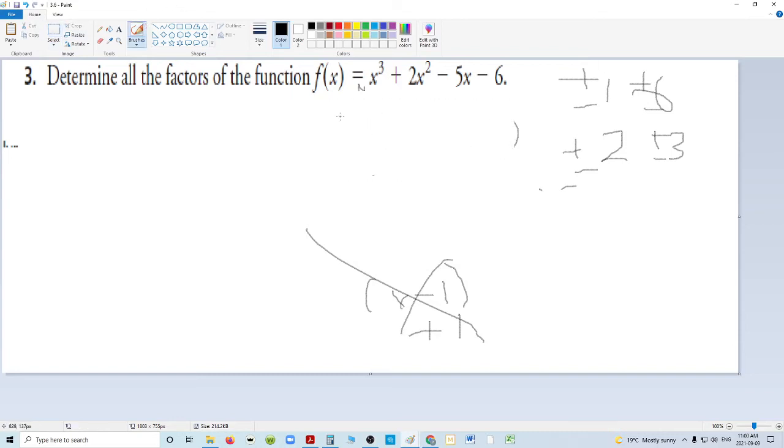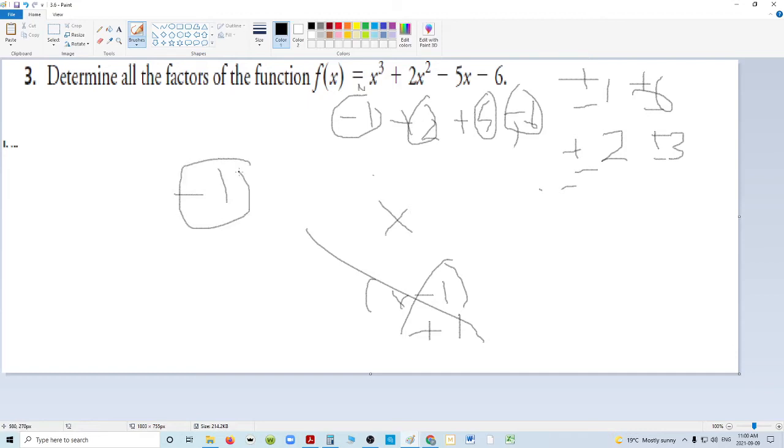Minus 1 cubed is minus 1, plus 2, plus 5, because minus 5 times minus 1 is plus 5, and then minus 6. It's clear that minus 1 plus 2 is plus 1, plus 5 is 6, minus 6 is 0. So that means minus 1 is a factor, in other words, is a root. In other words, x plus 1 is a factor.